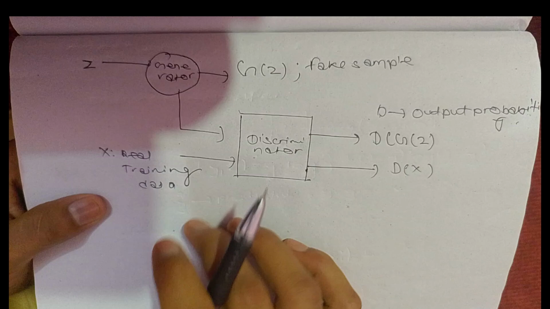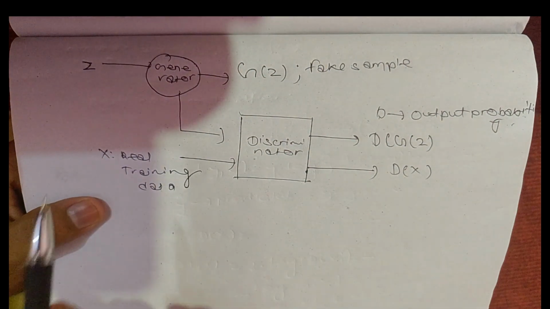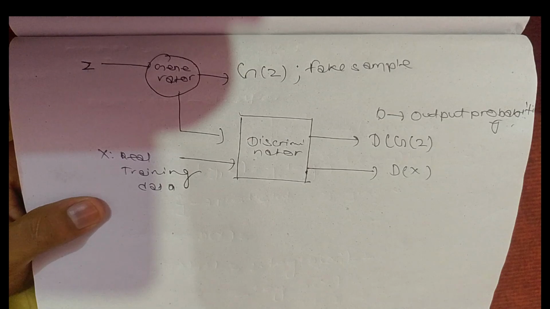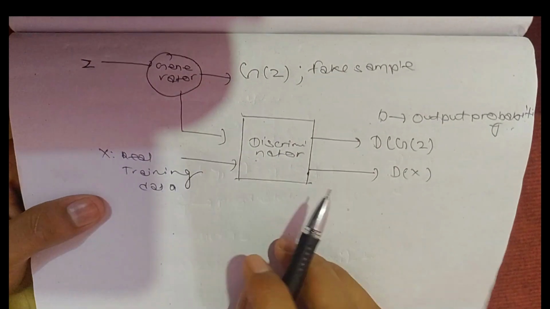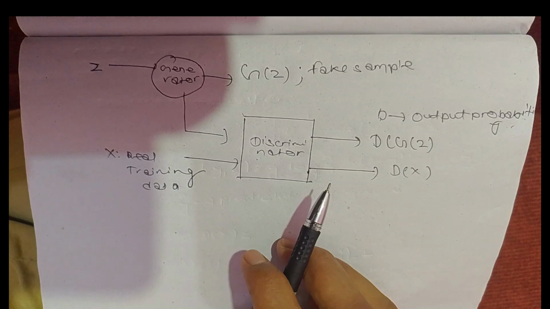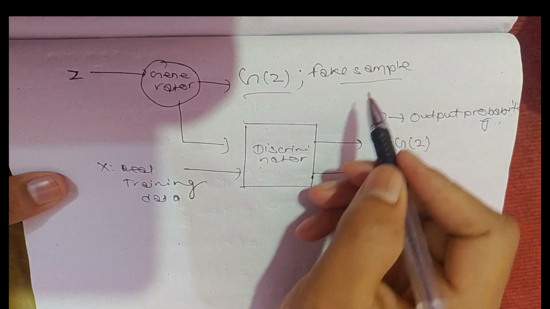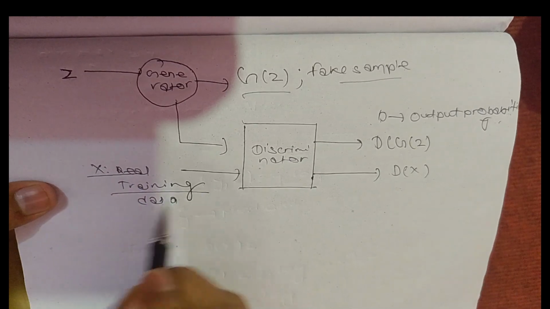So this is the discriminator and this is the generator. We are sampling a random vector z from a Gaussian or any prior distribution and passing it through the generator, generating this G of z, which is a fake sample. And this is x, which is real training data.